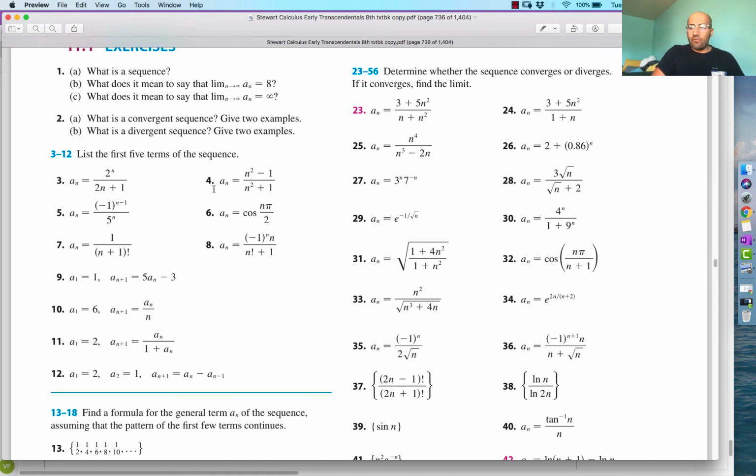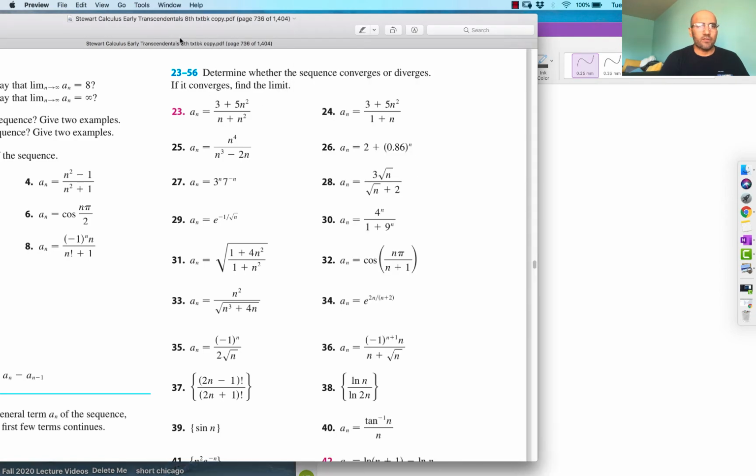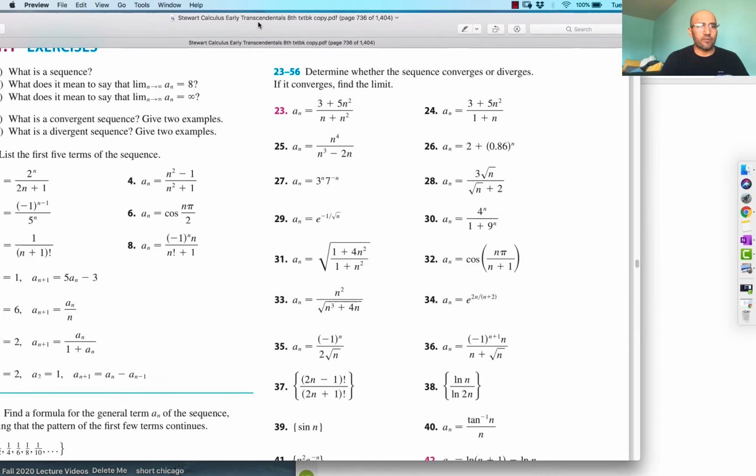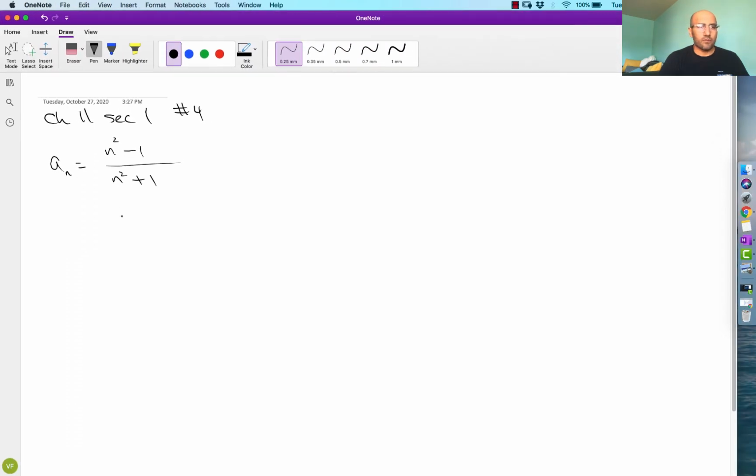Say, for example, number 4. This is chapter 11, section 1, number 4. It has the sequence a sub n equals n squared minus 1 all over n squared plus 1. Again, the instructions were to list the first 5 terms of the sequence. Too easy.